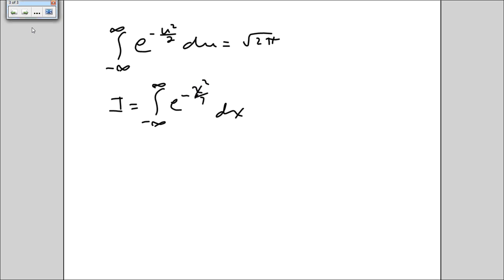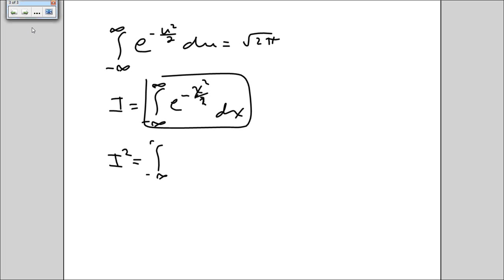Now, I squared will equal this integral times itself. The integral from negative infinity to infinity of e to the negative x squared over 2 dx times itself.